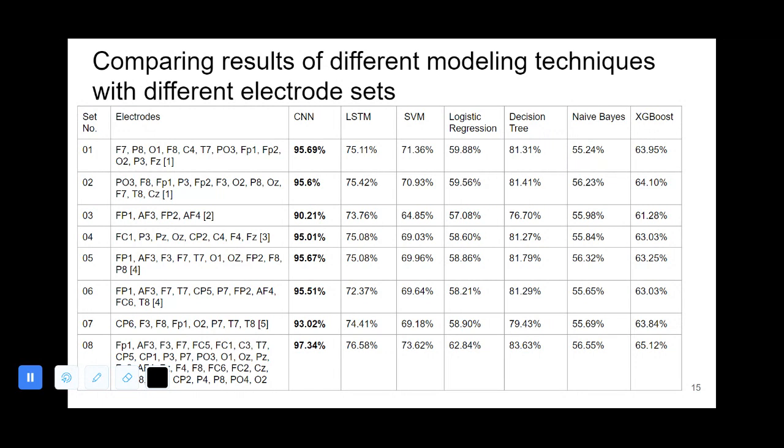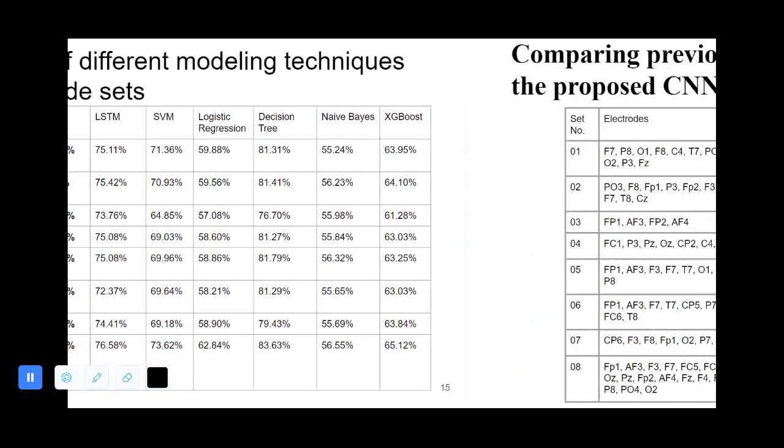But the accuracy difference between different electrode sets is similar in all the modeling techniques, though electrode set 8 performs the best, with 97.34% accuracy with all the 32 electrodes found in the DEAP dataset, but it is not optimal. The most optimal EEG electrode set is set 1, which achieved 95.69% test accuracy with only 12 electrodes.